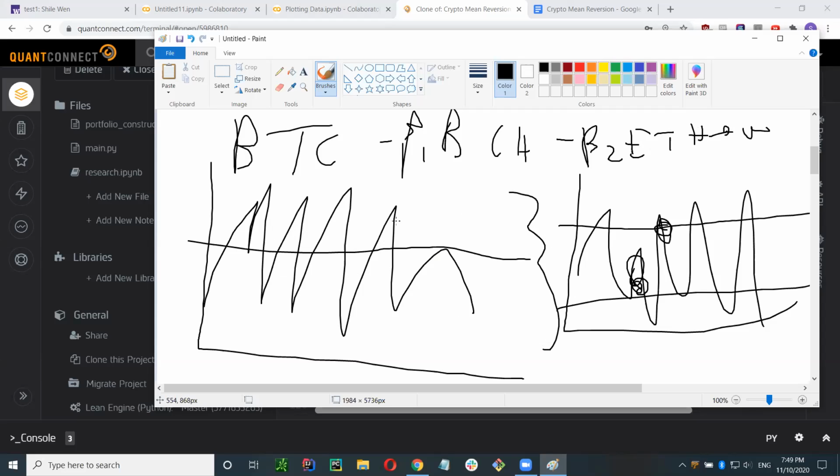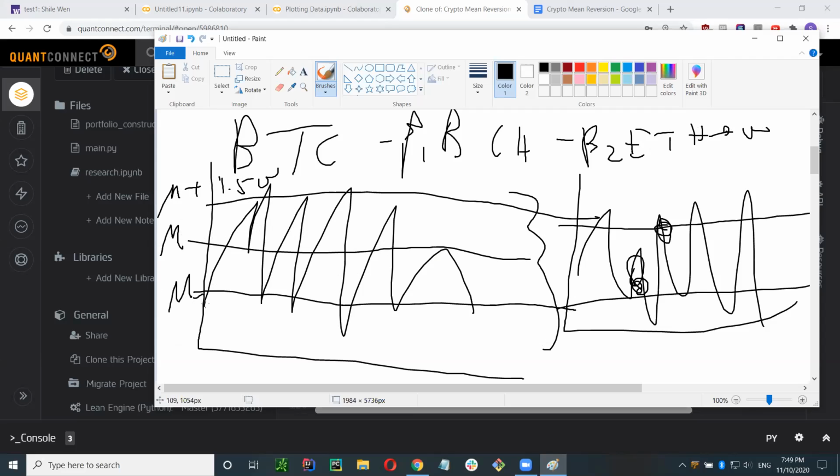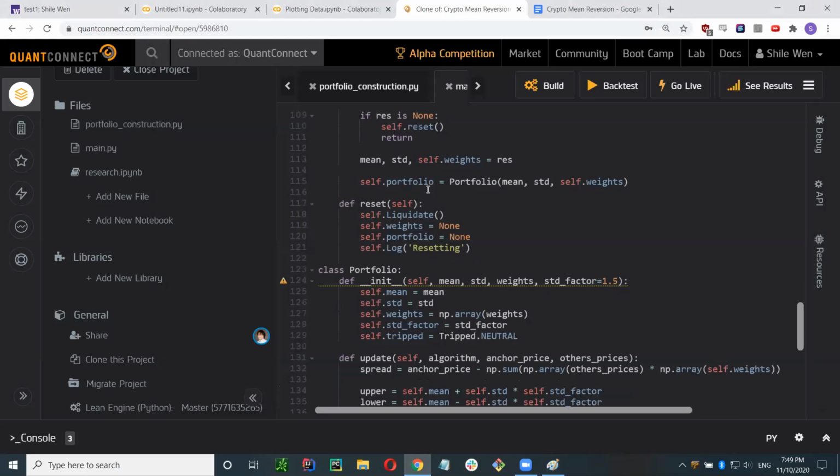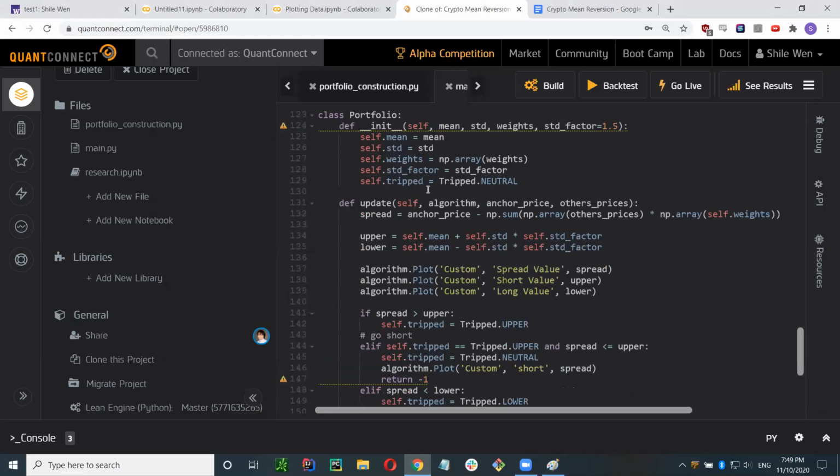So the bounds are the mean plus 1.5 sigma and the mean minus 1.5 sigma. You can experiment with different factors in front of the sigma, like 1, 1.5, 2. It doesn't really matter, but we chose 1.5 because that's what the paper said was the best.